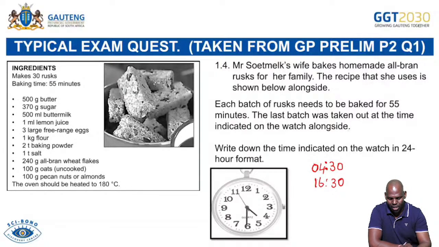But in this case, the 24-hour format is 04:30 and 16:30. It might be 4:30 in the morning or 4:30 in the afternoon, because the examiner did not indicate anywhere whether this was in the afternoon or in the evening. But it can either be this one or the other one.